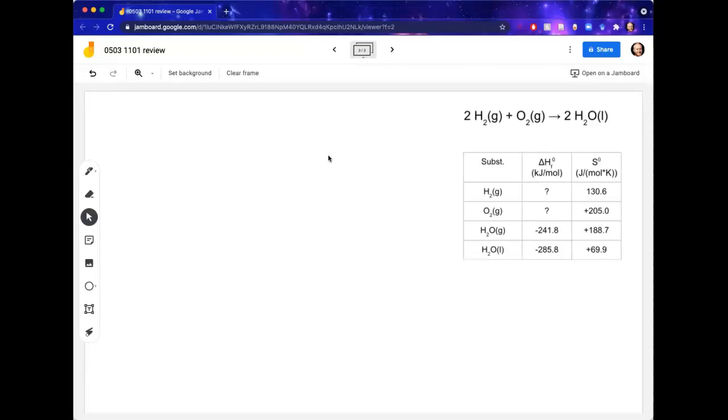All right, and we're back for part 2 of this problem. In the next phase, we need to calculate the information about delta S of the reaction, but we're using the exact same process. Remember that delta S of the reaction is S of the products minus S of the reactants.